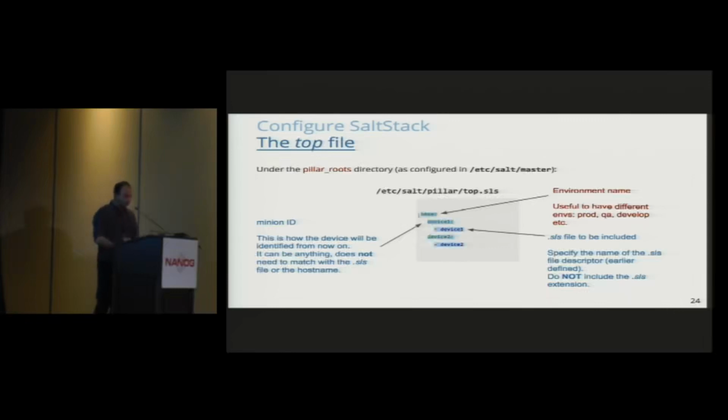I will simply copy paste this base and this top file, and again you can identify the environment name depending on how you have defined them in pillar roots and file roots. Pay attention to not include the .sls extension. Here is the file to be included.